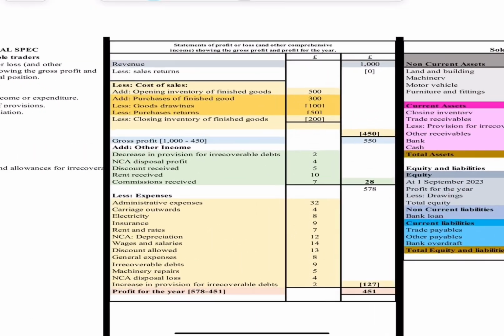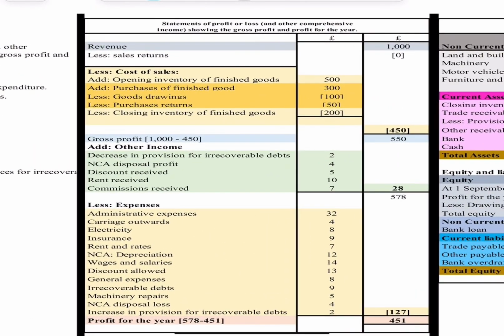Before we move into solving the past paper question, let's have a look at the format of a statement of profit or loss and other comprehensive income. In this specific past paper question, it's a service sector business, therefore we avoid the cost of sales section.